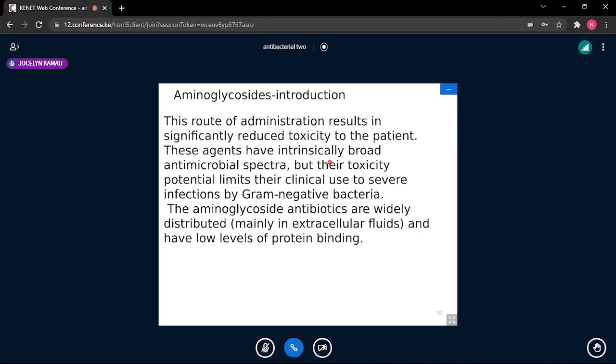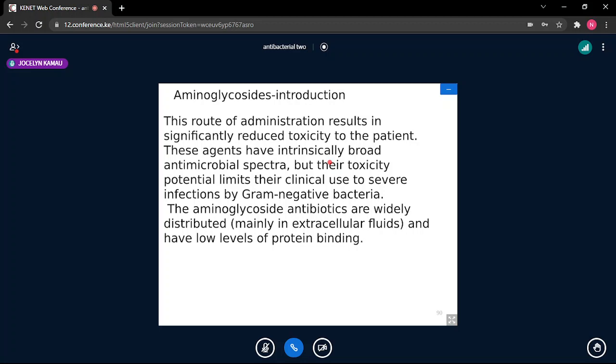When you do your pharmacology, you will also talk about what I think is called the post-antibiotic effect. These drugs are quite polar, but somehow the body has a mechanism of being able to accumulate these drugs within the body.